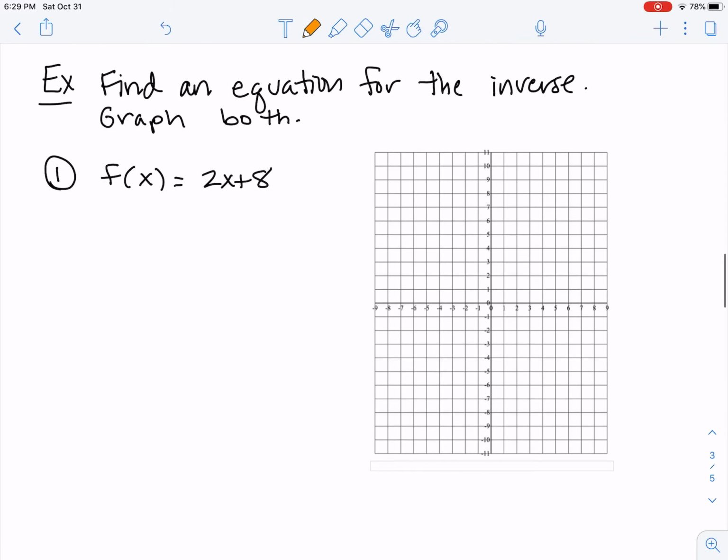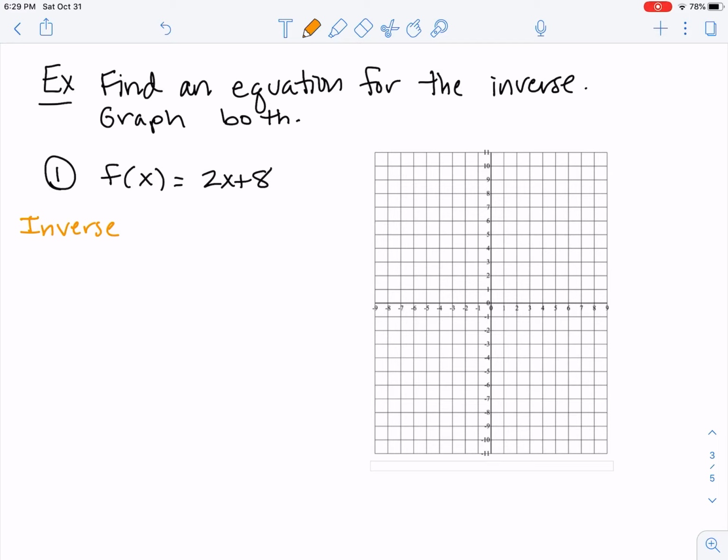Now let's do the same thing but with an equation. When it says find the equation for the inverse and be able to graph both of them, here's what I know. In order to find the inverse, I have to switch my x and y values.